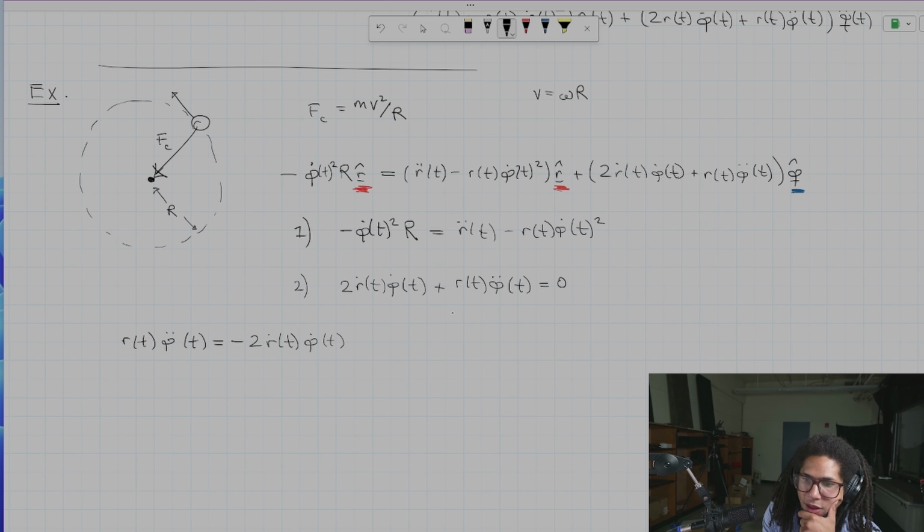I'm going to take this phi dot and divide it to the other side, and this r and divide it to the other side. So I'll have phi double dot of t over phi dot of t is equal to minus 2 r dot of t over r of t.